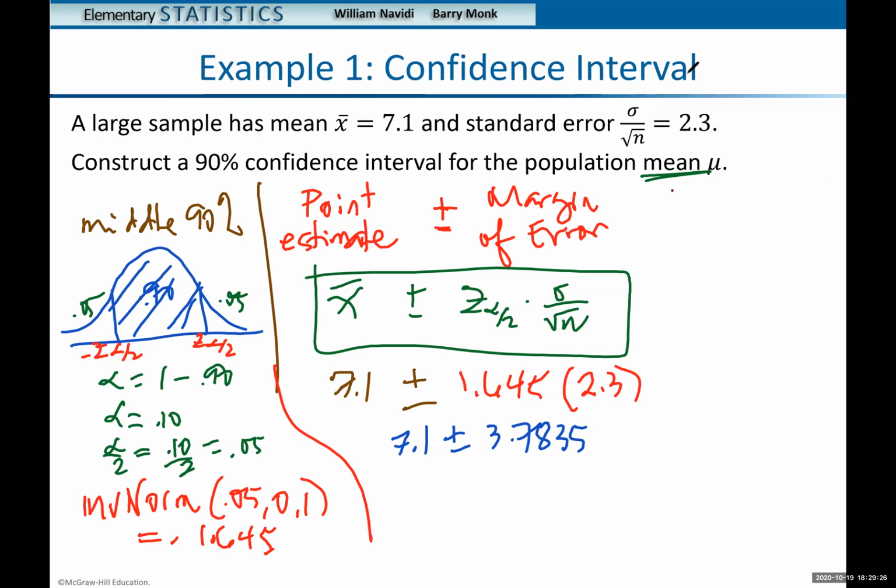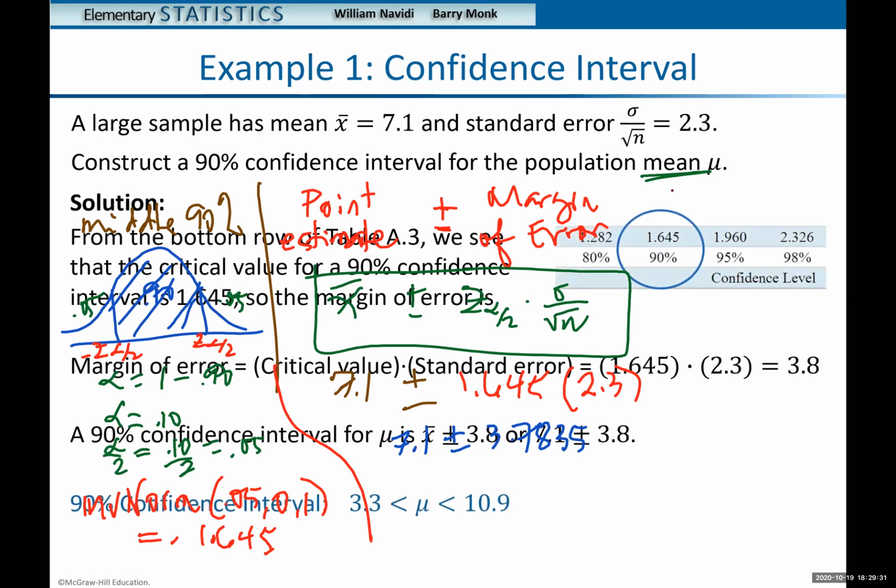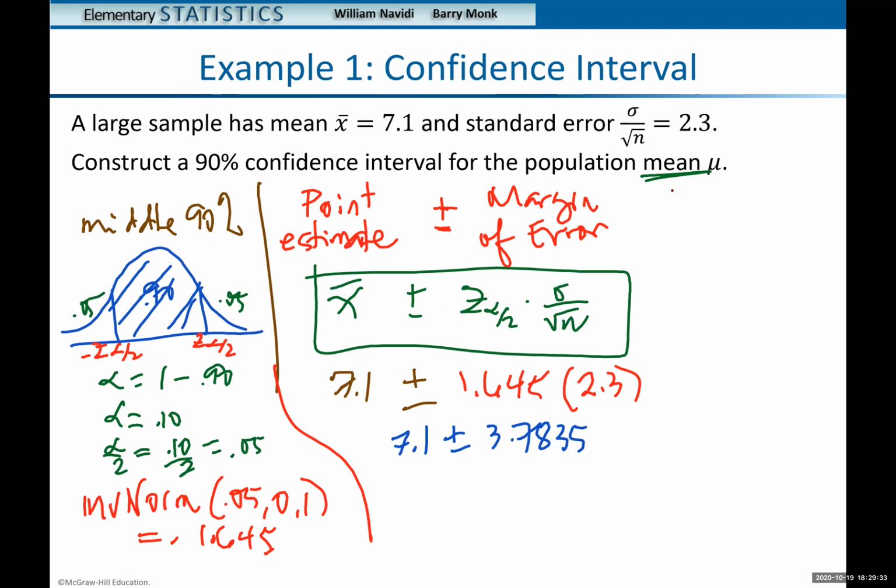Oh, you got it. Yeah, 0.9. What is it? 10.88 for 7.1 plus 3.78.